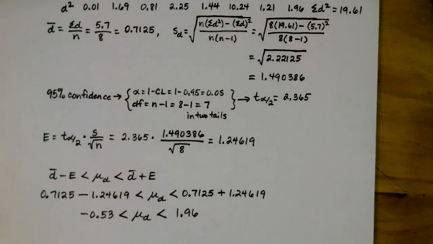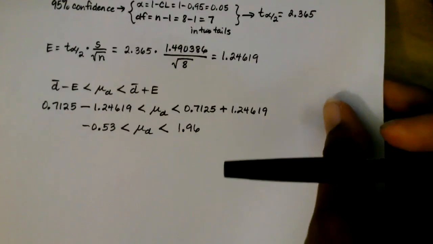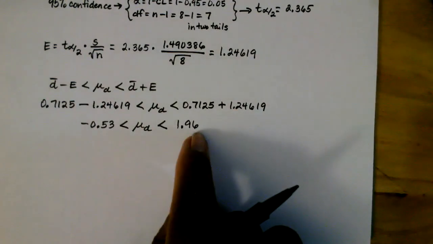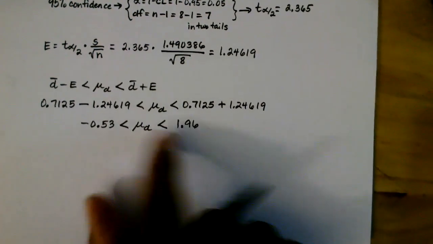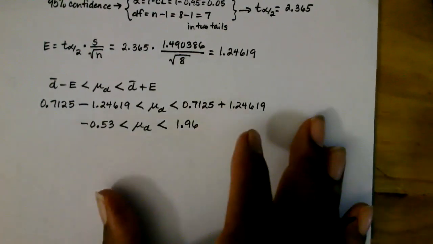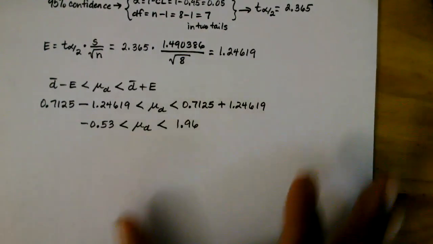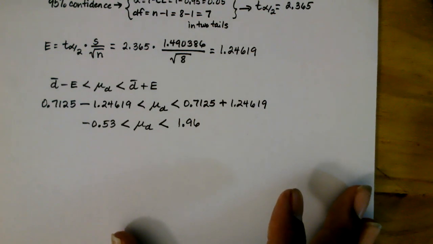Now, based on that confidence interval, does hypnotism appear to be effective in reducing pain? Well, let's look at that confidence interval. Notice we have a negative on the lower limit and a positive on the upper limit. That means 0 is in between those two. If your confidence interval contains 0, then that means we can fail to reject the null hypothesis. Okay?